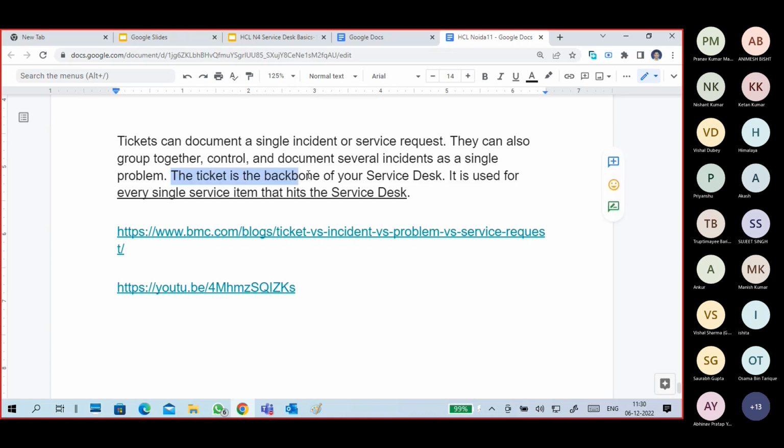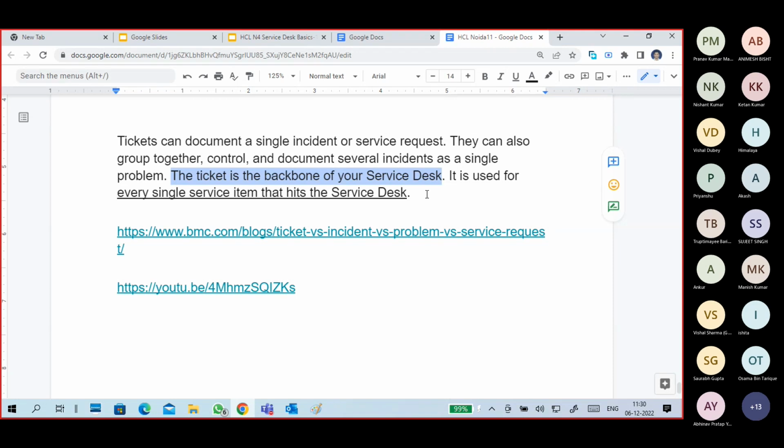The ticket is the backbone of your service desk. In the service desk, whenever anything comes, first you should create a ticket. In the ticket, we have to mention that issue or information. The ticket holds information about the customer's requirements, issues, or service request, and who is going to handle that situation, either you or someone else handling that ticket.